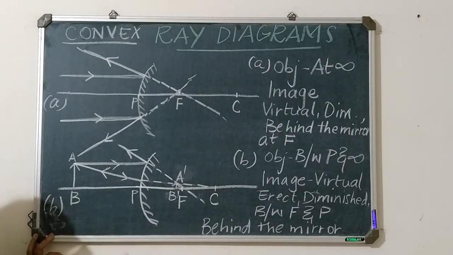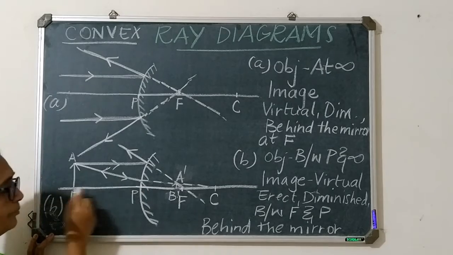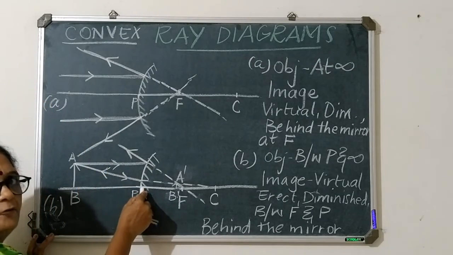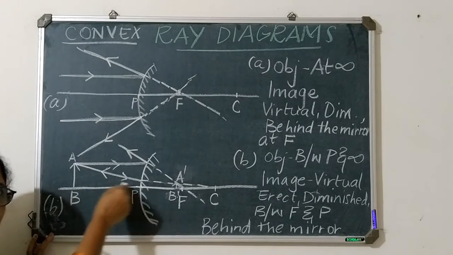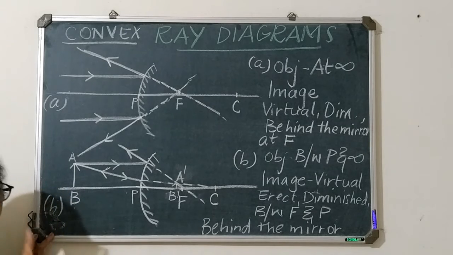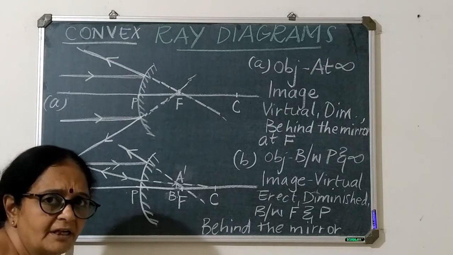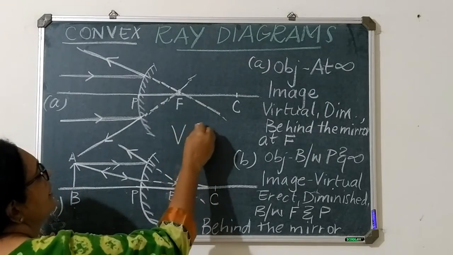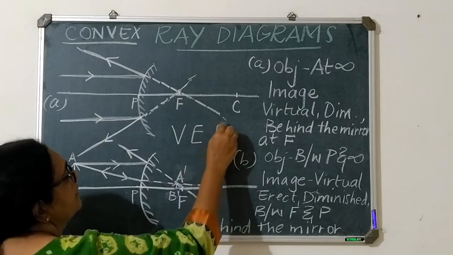Same way, on the principal axis, this was at infinity, but anywhere in front of a convex mirror on the principal axis, wherever you place the object, in a convex mirror you will always get a virtual, erect and a diminished image.